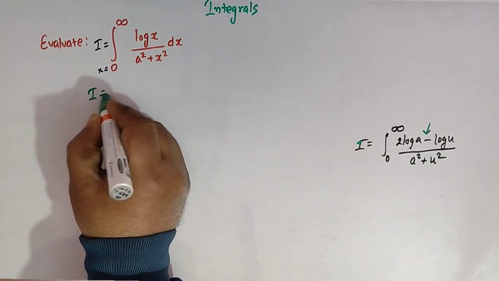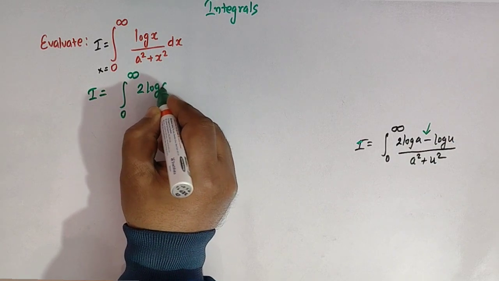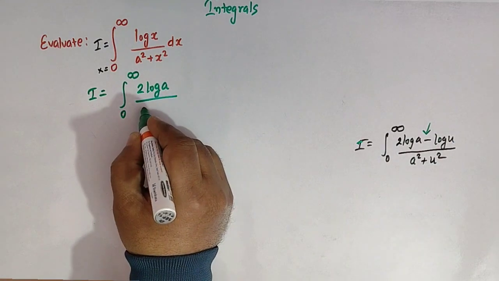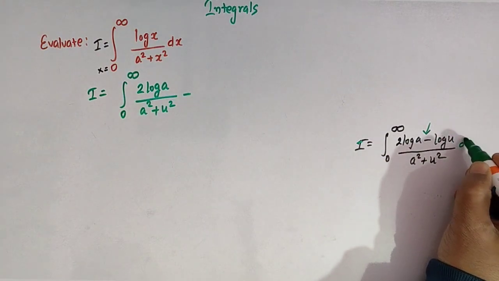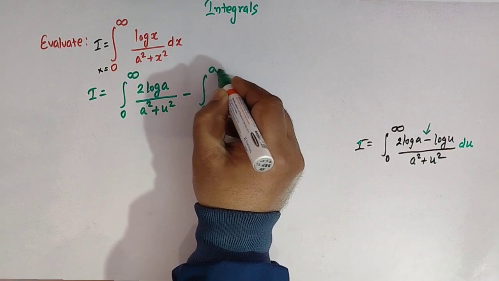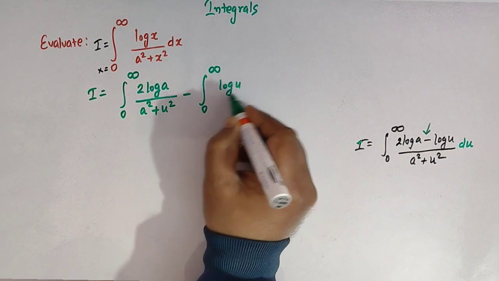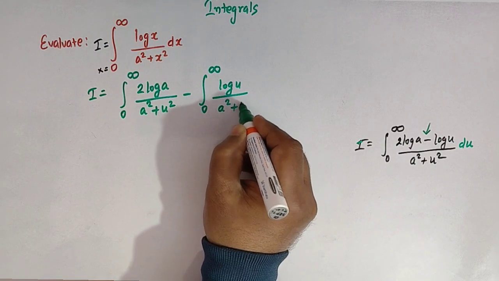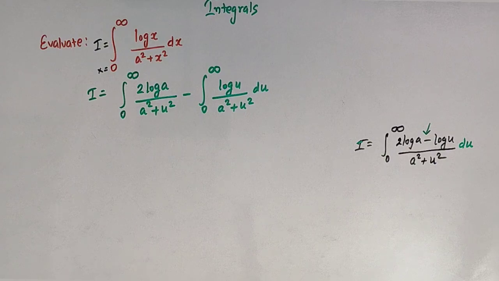So now we can write I is equal to the integral from 0 to infinity of 2 log a over a square plus u square du, minus the integral from 0 to infinity of log of u divided by a square plus u square du. So now we have written this integral as a difference of two integrals.